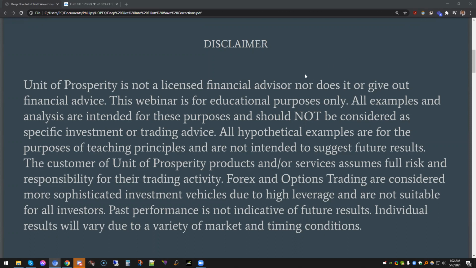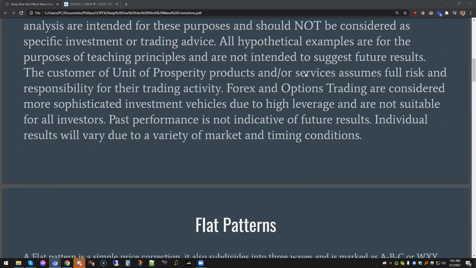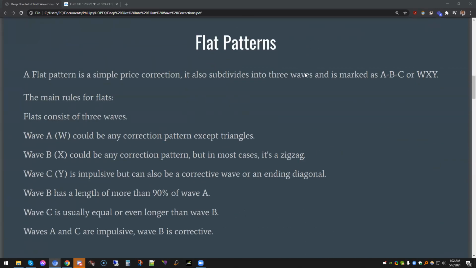All right, so let's jump into this evening's class. On our last class, we did flat patterns. How many of you remember what a flat pattern is? If you know what a flat pattern is, just tell me something about it in the chat box.